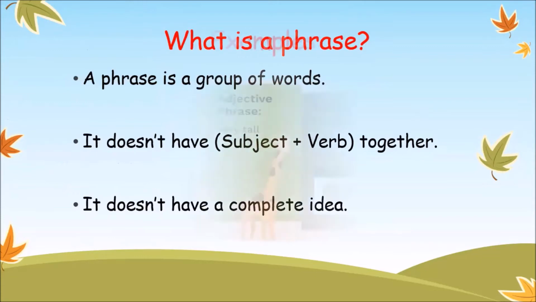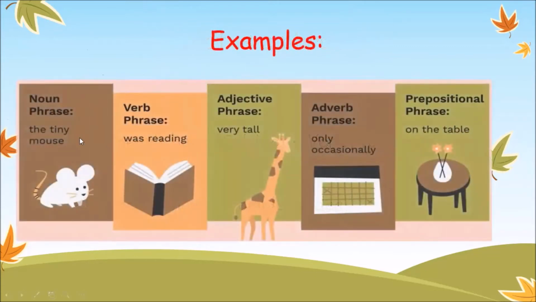Okay, let's see some examples. Look here, noun phrase. Look at this mouse, the tiny mouse. Tiny mouse. Okay, this is a noun phrase. So these are group of words, three words. Okay, there is no verb in them. Okay, verb phrase was reading. Was reading.